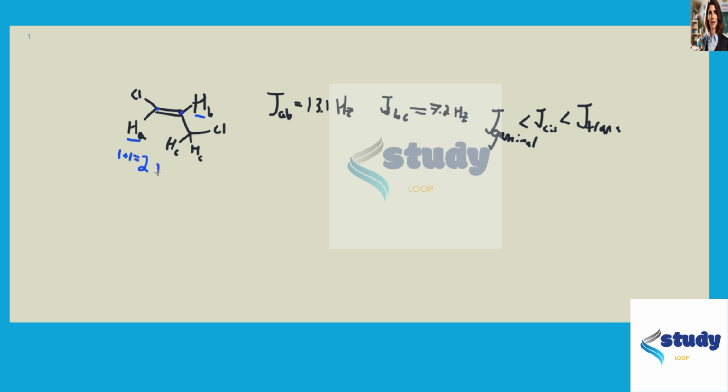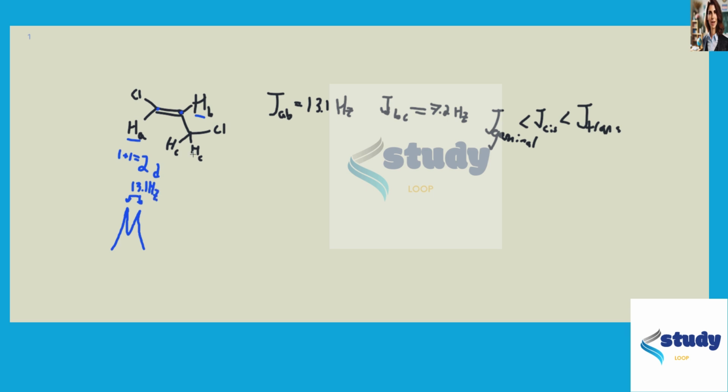So we would get a doublet. Our NMR signal would be a doublet, and this doublet, AB, is going to have a distance in between them that is 13.1 hertz.